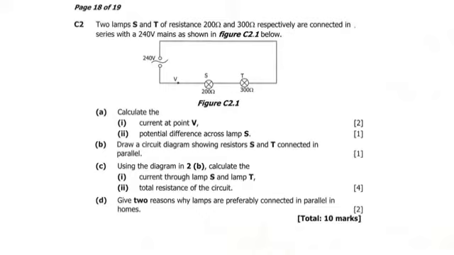So the first question reads A. It says calculate the current at point V. So we are asked to calculate the current. Before we do anything, we must look at formulas for us to know exactly how to go about it. So I am going to write this triangle.